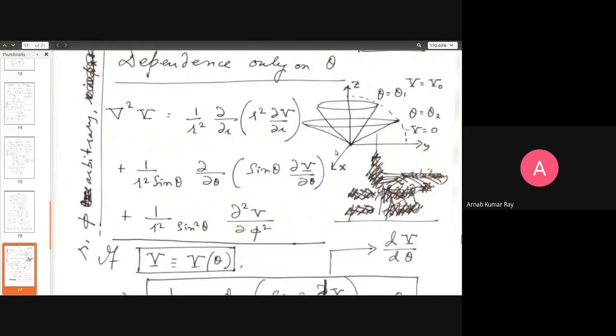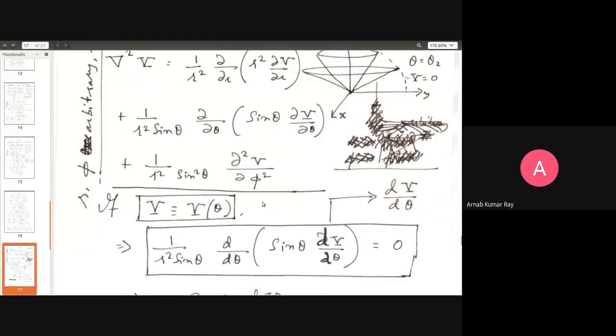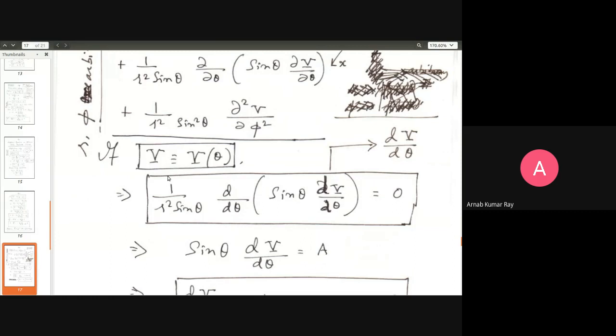Okay. And when you take this operator, as I mentioned to you, you're dealing only with the theta variation. Del V del R and del V del phi will go away, and you are just left with this thing: 1 by R squared sine theta, d d theta of sine theta dV d theta is equal to 0. 1 by R squared sine theta in general is not equal to 0. 1 by sine theta can never be equal to 0, because it means that sine theta must go to infinity.